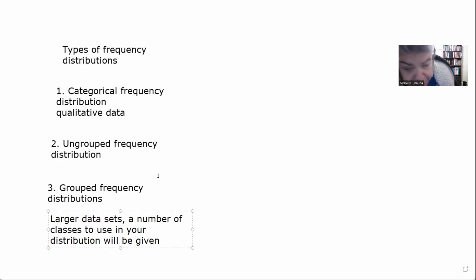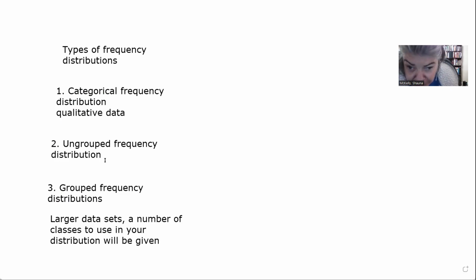If some of you have had statistics before or had it in other places, this is one of the concepts that different instructors teach different ways. And when we get to the number of classes, there's different ways to figure this out. There are formulas. Professor Nickdell's just going to tell you how many classes to use. So if she tells you construct a distribution with 5 classes, construct a distribution with 3, then you're doing a grouped frequency distribution. That's how you know that.